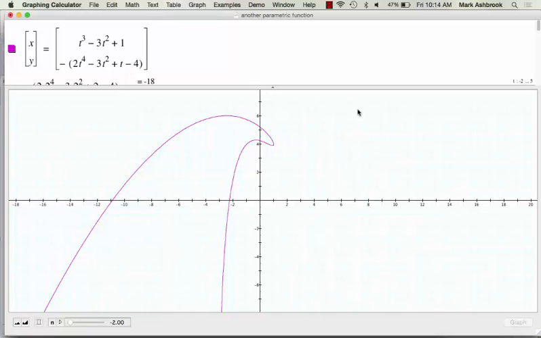Okay, so remember that toward the beginning of the semester, we looked at given where y is a function of x.